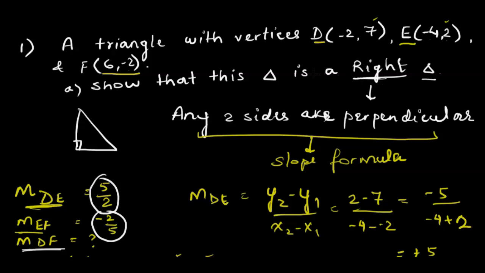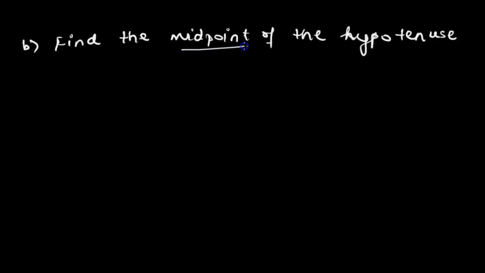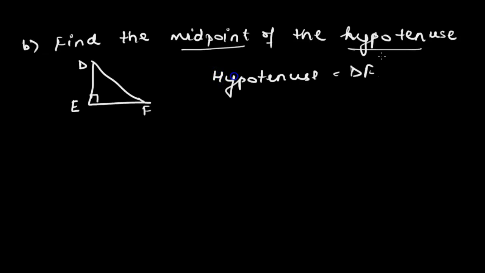Let's say for the same question with triangle DEF, we are given another part: find the midpoint of the hypotenuse. We know triangle DEF is a right triangle at vertex E. Therefore, the hypotenuse is going to be DF, and we want to find the midpoint of DF.